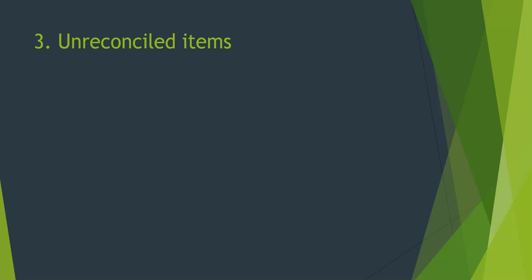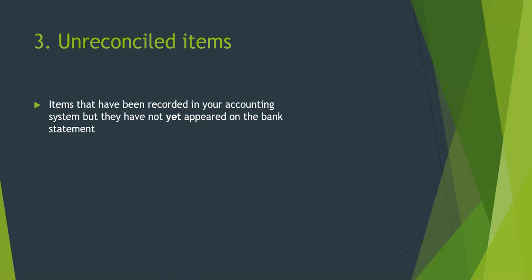However, the last thing we have to look at is unreconciled items, and this is so important, and this is one area that we get a lot of questions at year end, so please do take a moment to digest this. There will be, on everyone's accounting system, some unreconciled items.